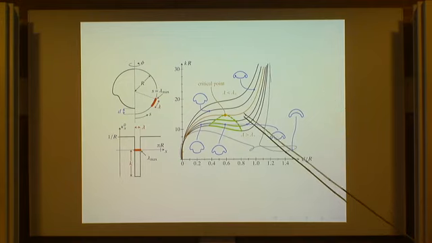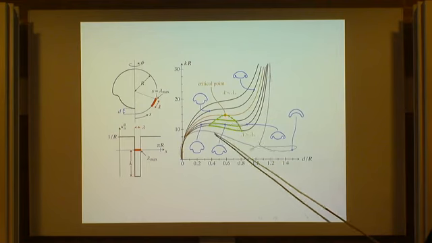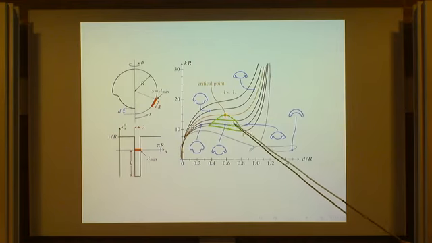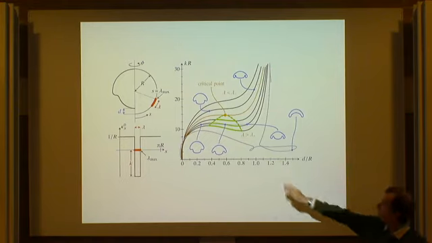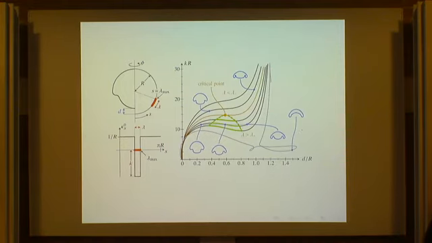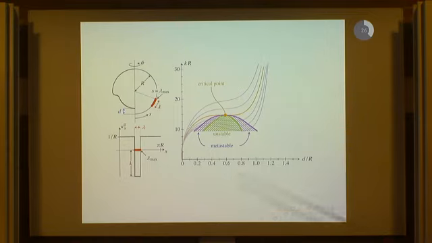But let's just focus on this region underneath the critical point, where locally the partial derivative of k with respect to d is negative. If you flip this diagram, it looks like the isotherms of the classical van der Waals gas, and so what you have is this classical scenario of unstable and metastable solutions existing underneath the critical point.